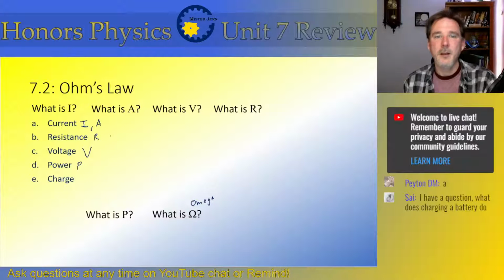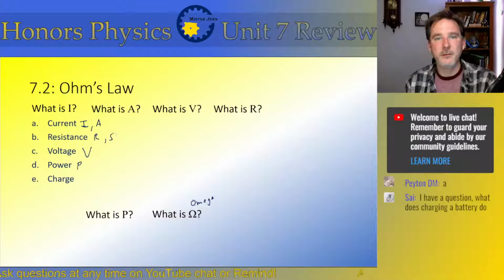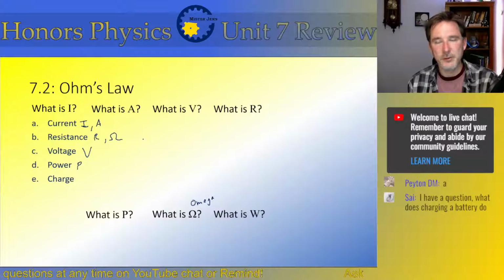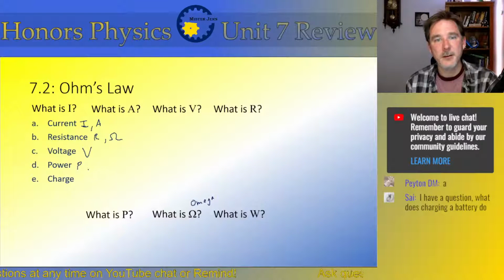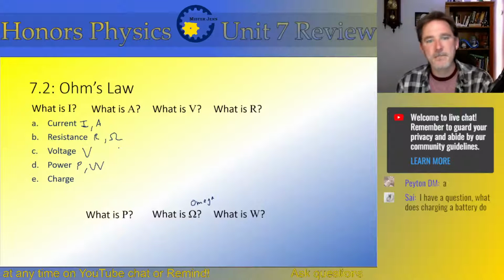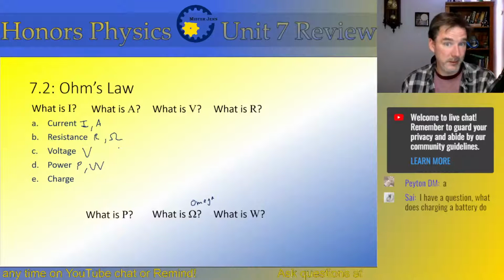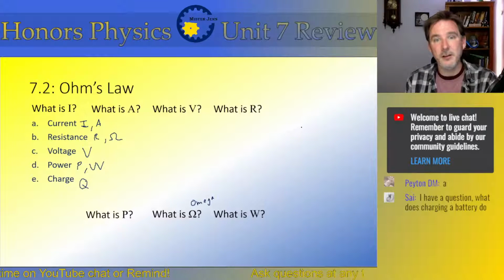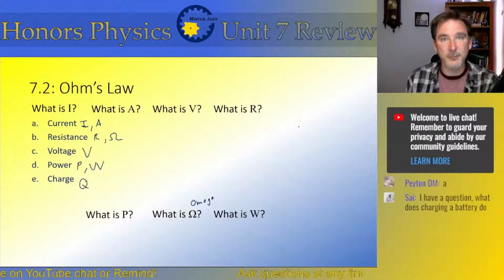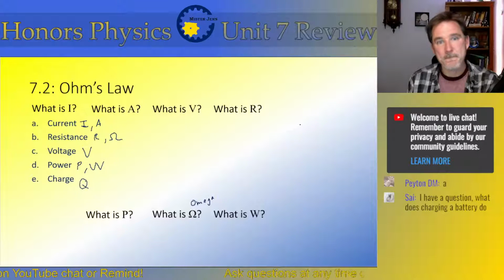That is the unit of measurement of resistance, which hopefully you have a ton of experience with. Same thing with W, watts for power. Unused is E, charge, because if you remember, charge was Q, but that's not on here at all. So just saying hi from the before times.